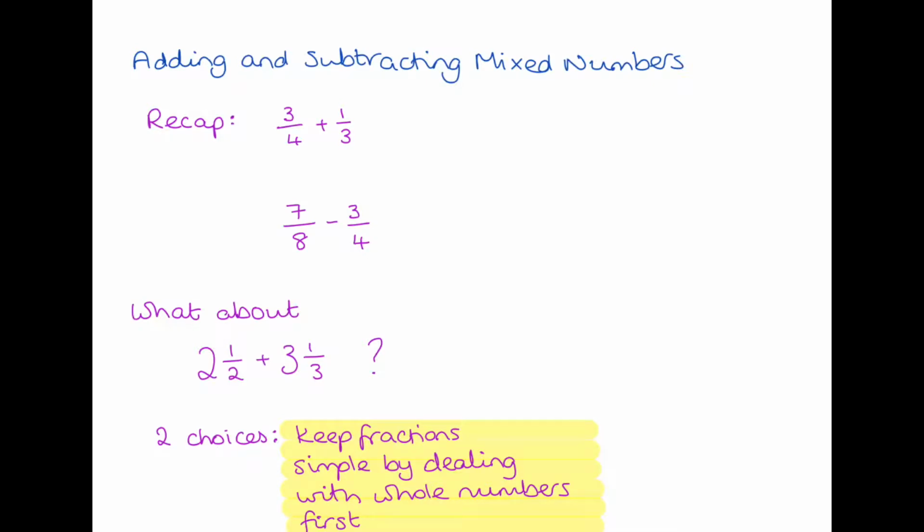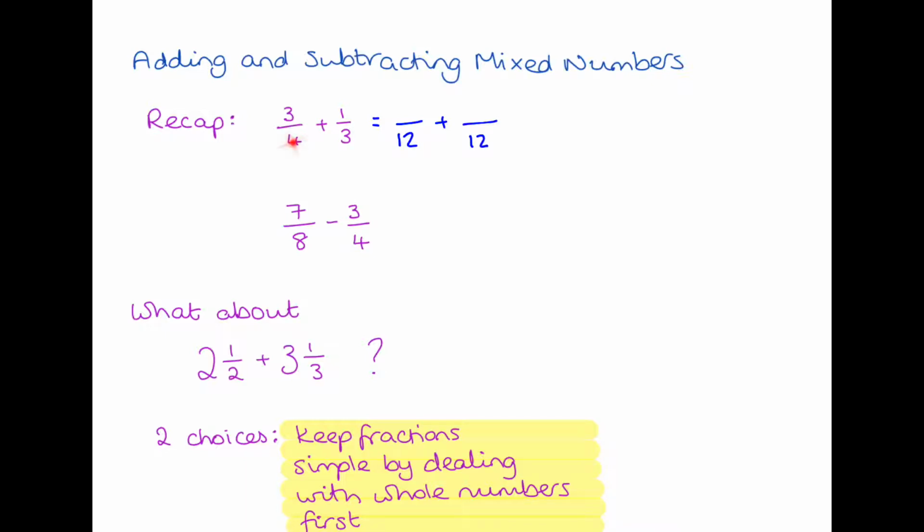We've got, to start with, 3/4 add 1/3. From yesterday's work, we can remember that we need to make a common denominator, and that has to be the lowest common multiple of 4 and 3. Like we were just looking at in the starters today, the smallest number that's in the 4 times table and the 3 times table is 12.